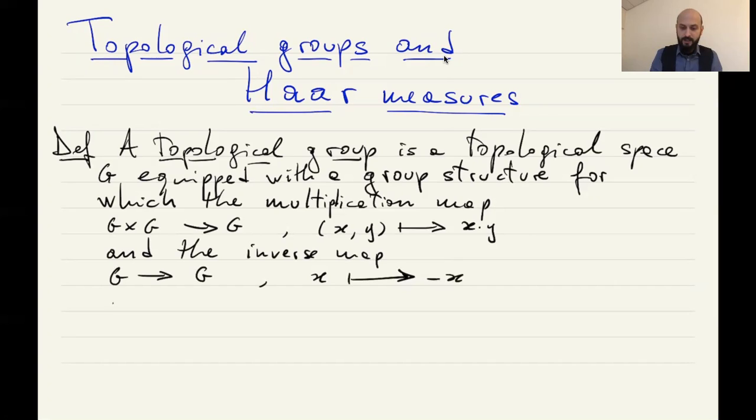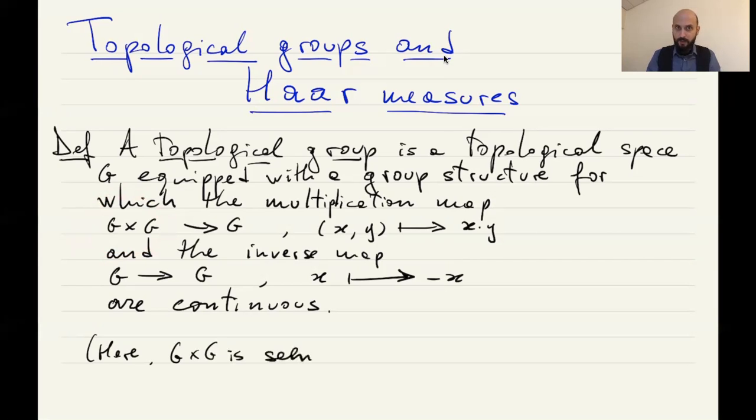These two maps are continuous with respect to the topology of G, and observe that here G times G is seen with the product topology.